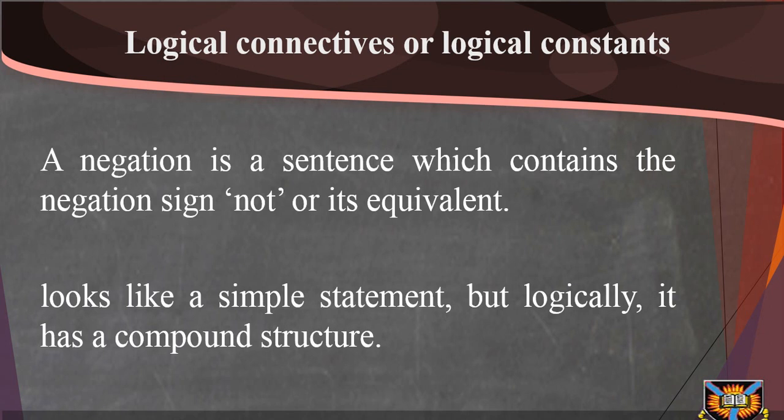"John is not in Kaduna" is an example of a negation and is symbolized as not J. When a statement is negated, it takes on the opposite value. In other words, when a statement, say P, is true, not P will be false.